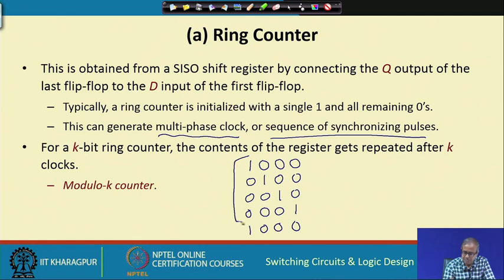So, the sequence repeats after every 4 patterns. We call it a modulo 4 counter, mod 4 counter. So, for a k bit ring counter you can implement a modulo k counter. After these k patterns, the pattern again starts with 1 0 0 and repeats.